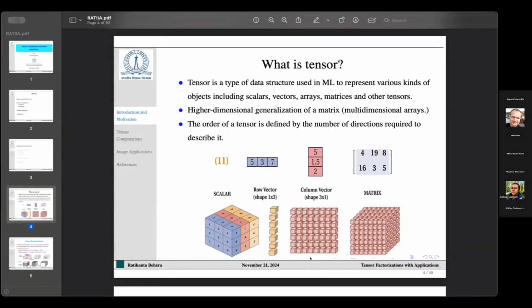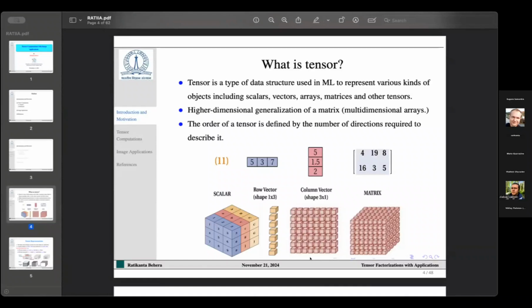And then the third order tensor is cubic, like a cube structure. One direction is the row, one is the column, and one is the vertical direction. That is a third order tensor. Then we come to the fourth order tensor.